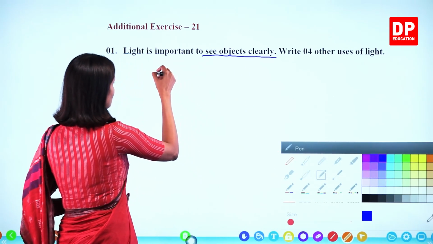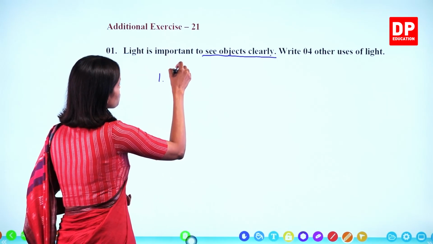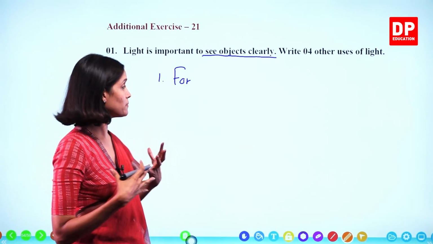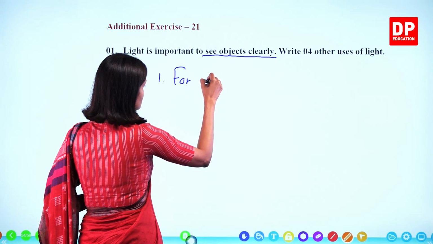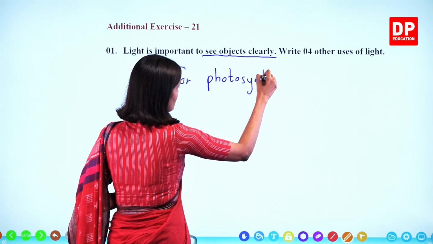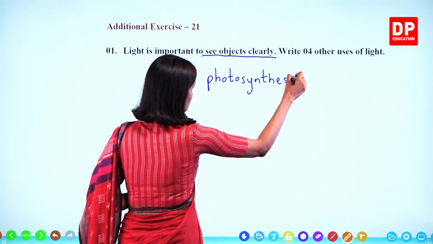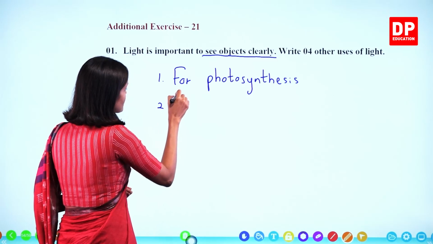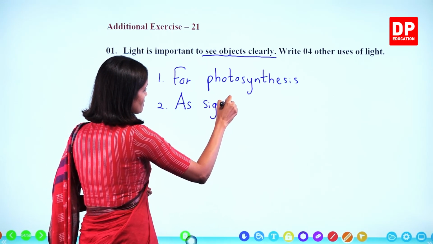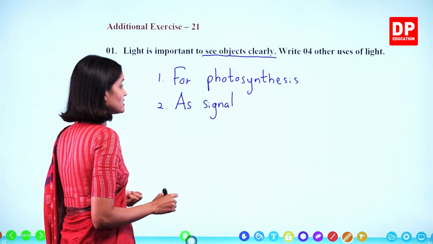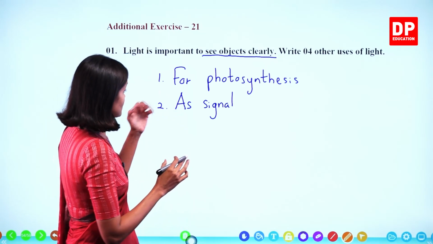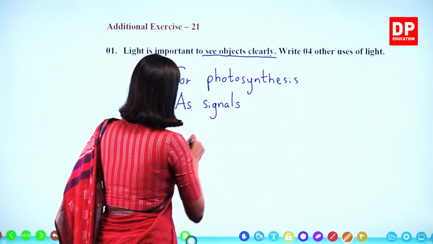Right. Number 1. For photosynthesis, which means the production of food by plants, right? For photosynthesis. Right? As signals in traffic lights and in lighthouses, light is used as signals, right? As signals.